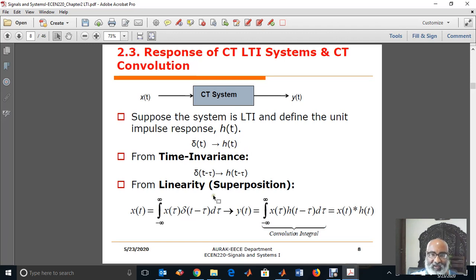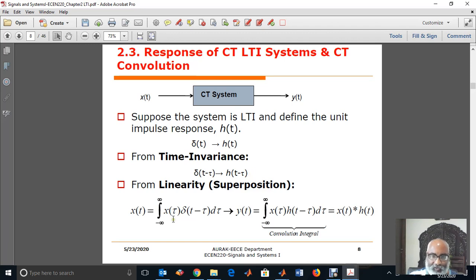Now, if this system is linear and time invariant, if I give Dirac t minus tau, that means a delayed impulse, then the output will also be delayed by the same amount using the time invariance property. So it will be h of t minus tau.